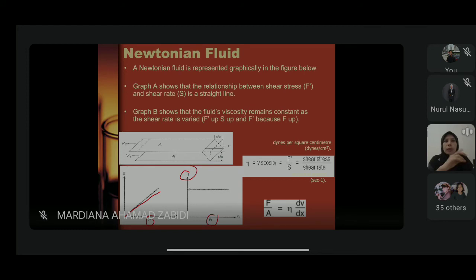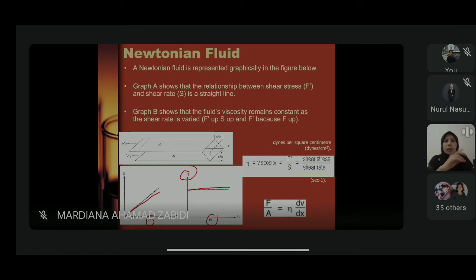So for the viscosity of the fluid, you can see that it is consistent. Maksudnya there is no changes in terms of the viscosity for that particular liquid. They are constant. Okay, graph A shows that the relationship between shear stress and shear rate is a straight line. Meaning that when you increase the shear rate, the movement of that particular fluid will follow accordingly.